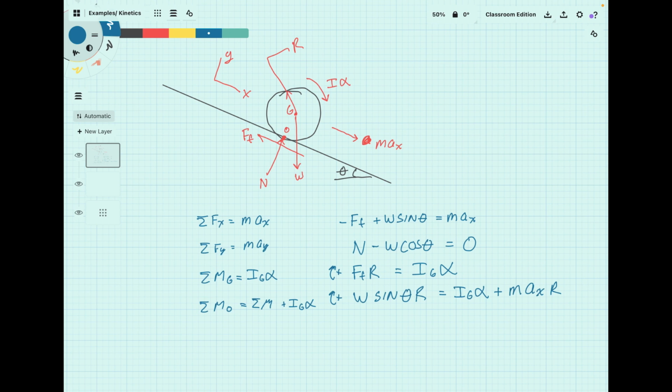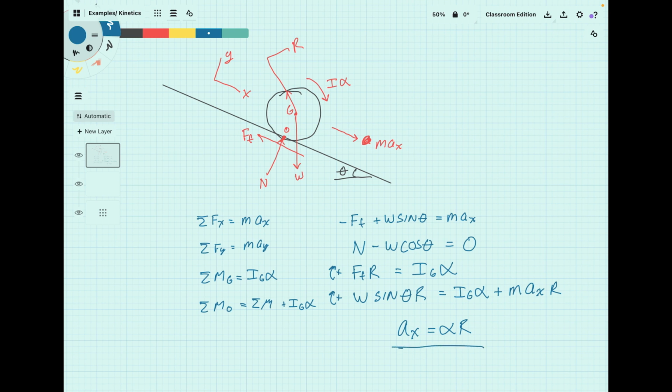Well, in that one, we've gotten rid of the force of friction, so that's not unknown anymore. But now alpha and AX are unknown, but that's okay because AX has to be equal to alpha times R. It's just a sphere rolling on a plane, and we've talked about that before.